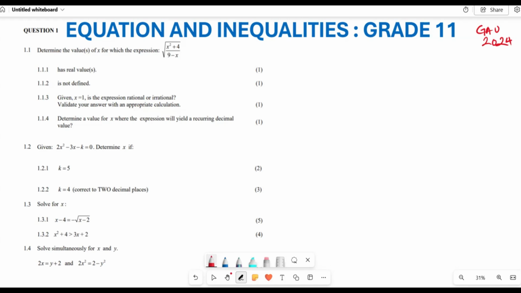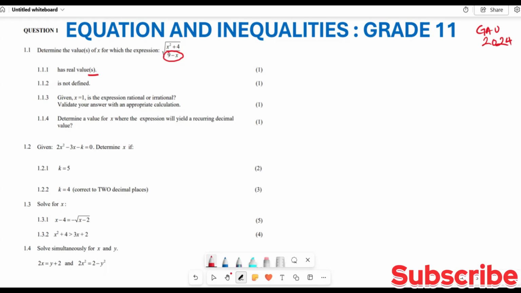Now let's start here. They are firstly saying, determine the value or the values of x for which this particular expression has real values, right? So for all these values to be real, whatever you have here in the denominator must be greater than 0.